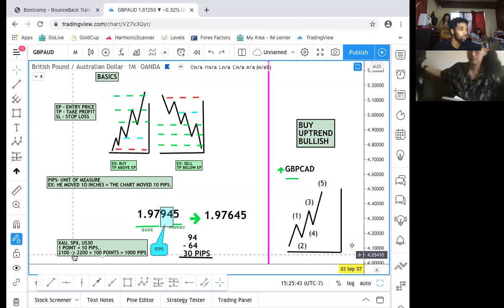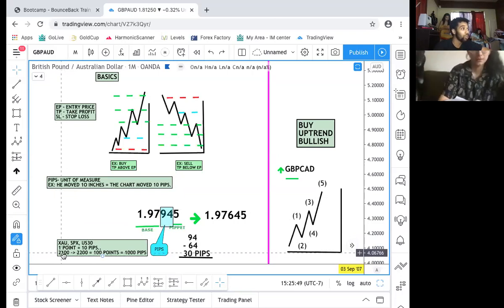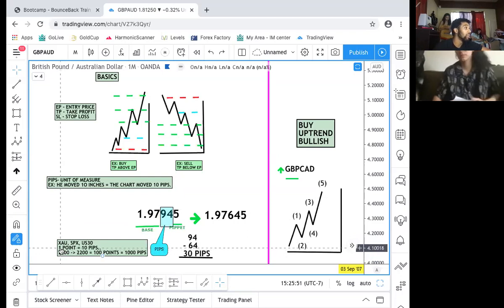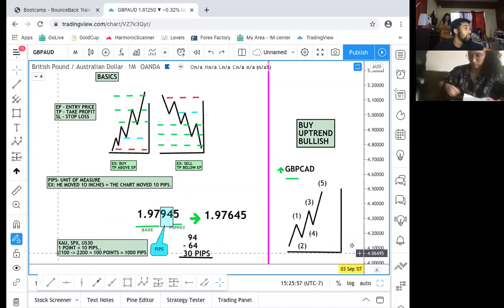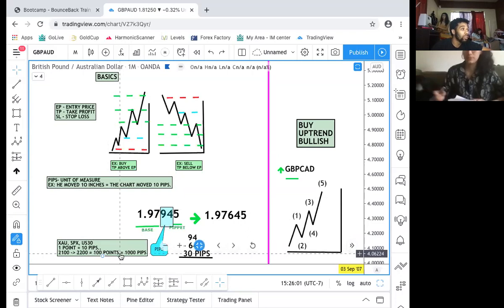It's usually 1 or 2 decimal places, maybe 3, depending on your broker, but not too many decimals. You're really paying attention to the whole number at this point. And 1 point is equal to 10 pips. So if price moved from 2,100 to 2,200, that equals 100 points, which means price moved 1,000 pips.